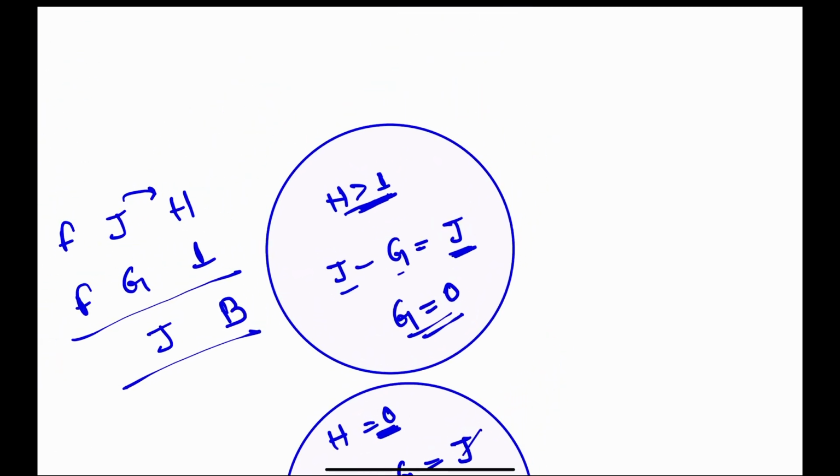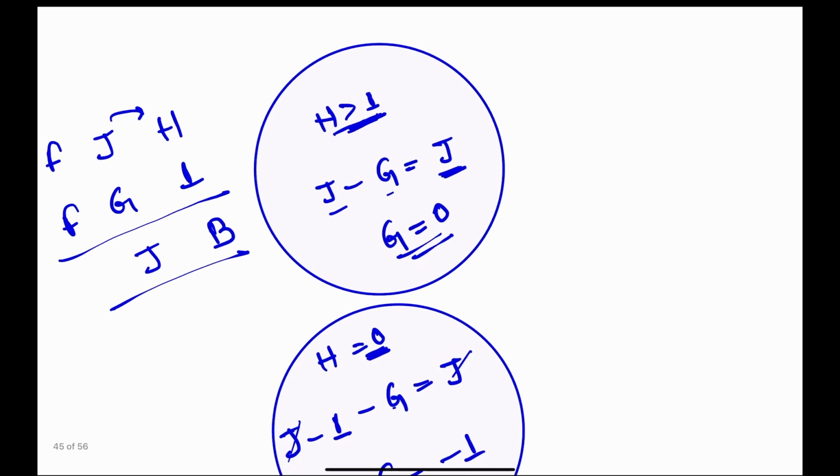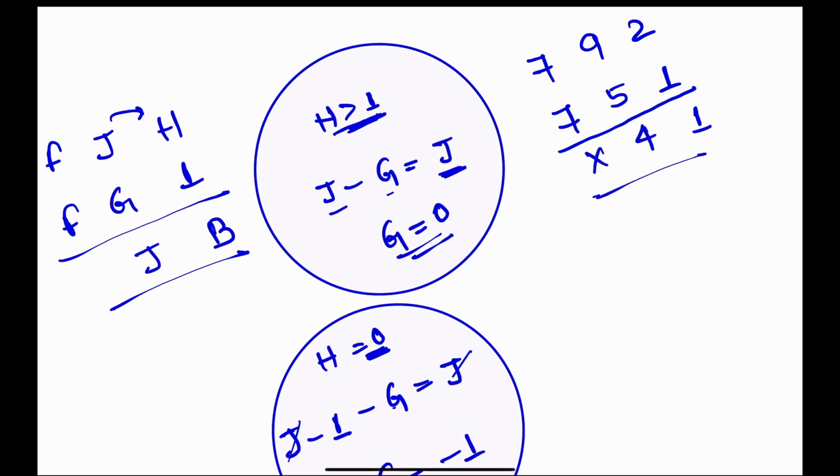Let me give you a quick example to understand what I am saying. Suppose here is 790, H is greater than 1, so let's take the value 2. Okay, 792. Here also is 7. Here is 1. Let's take any value over here, 5. If you subtract, what will happen? 7 minus 1 is 1, 9 minus 5 is 4, this is 0, correct? But according to our question, this J is the same over here.